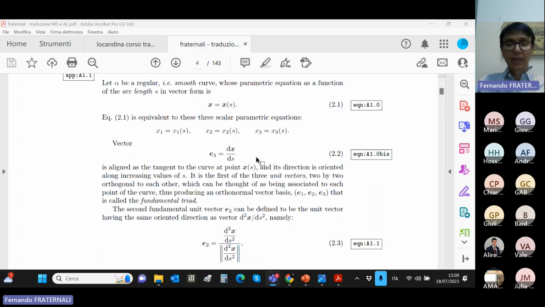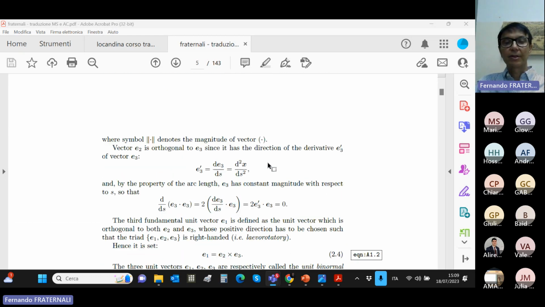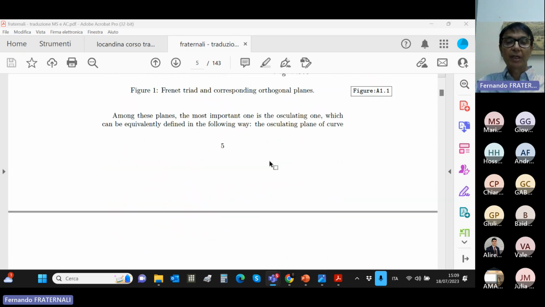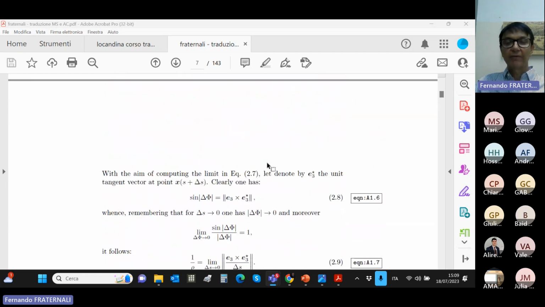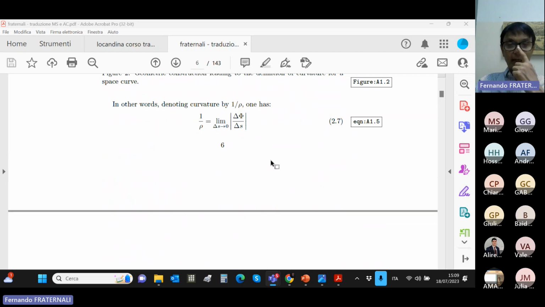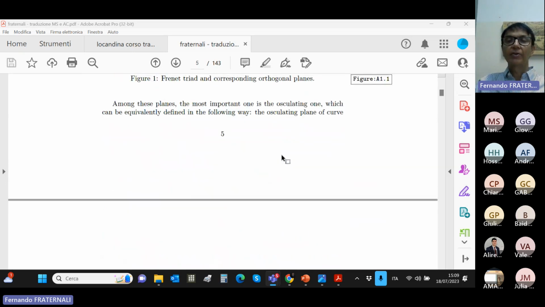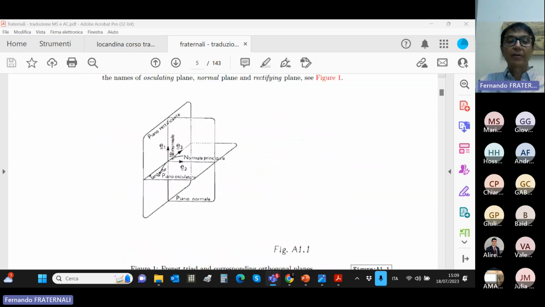The second and third vectors, I won't go through the details because this is not necessary. I will just present the final formulas that we introduced, which are the Frenet formulas, and the drawing that illustrates the other two vectors. The first vector, even if labeled E3, is the tangent vector. Then we have two other vectors which are both normal to the curve.